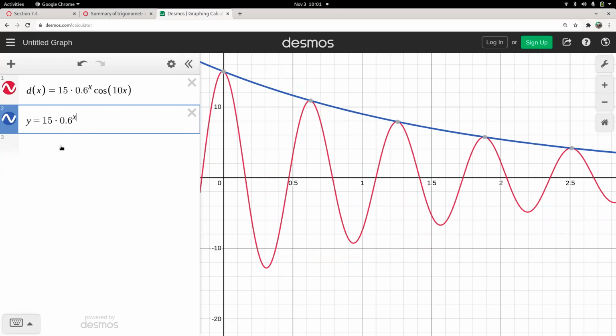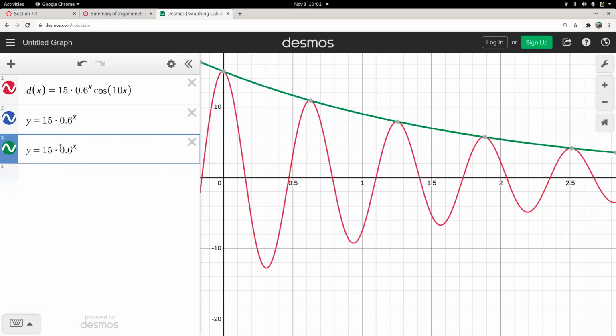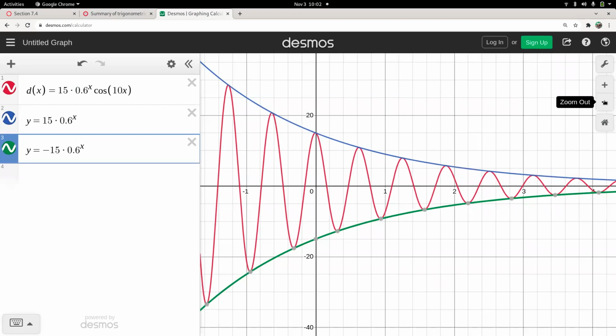Then if I do the opposite of that down here, that would be the bottom bounding curve. Oops, I forgot to put the negative in front. So it's oscillating in between there. That's beautiful.